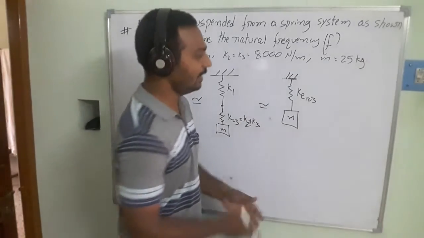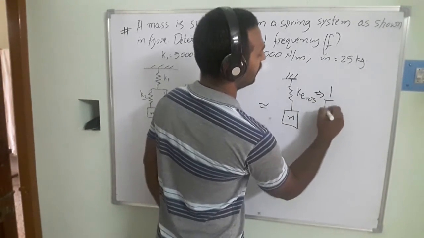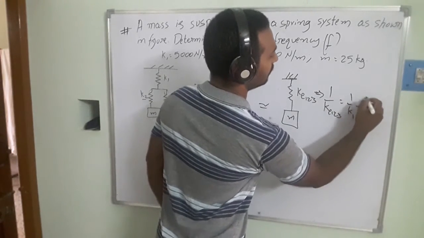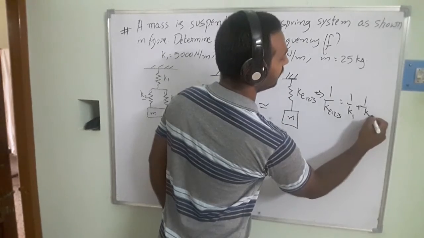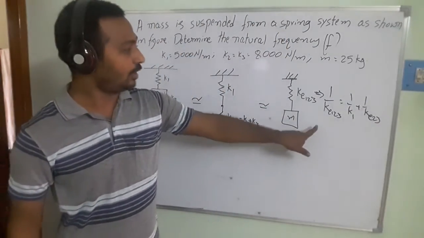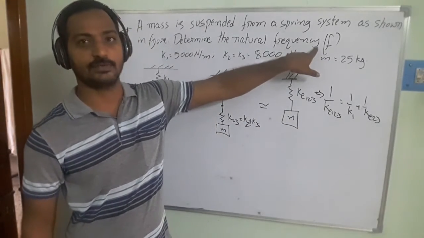So KE123 is given by 1 over KE123 equals 1 by K1 plus 1 by KE23. This way we calculate KE123 and then we can calculate the natural frequency of the system.